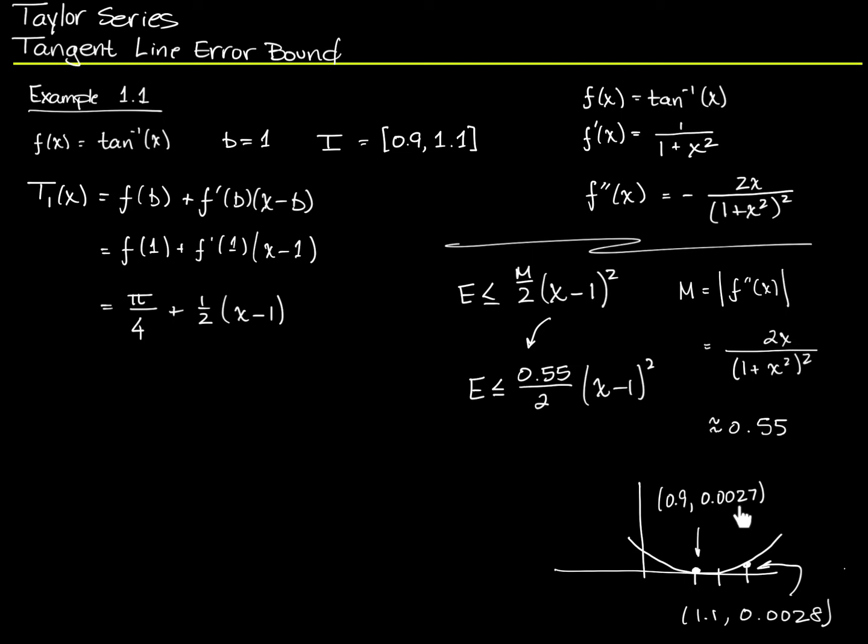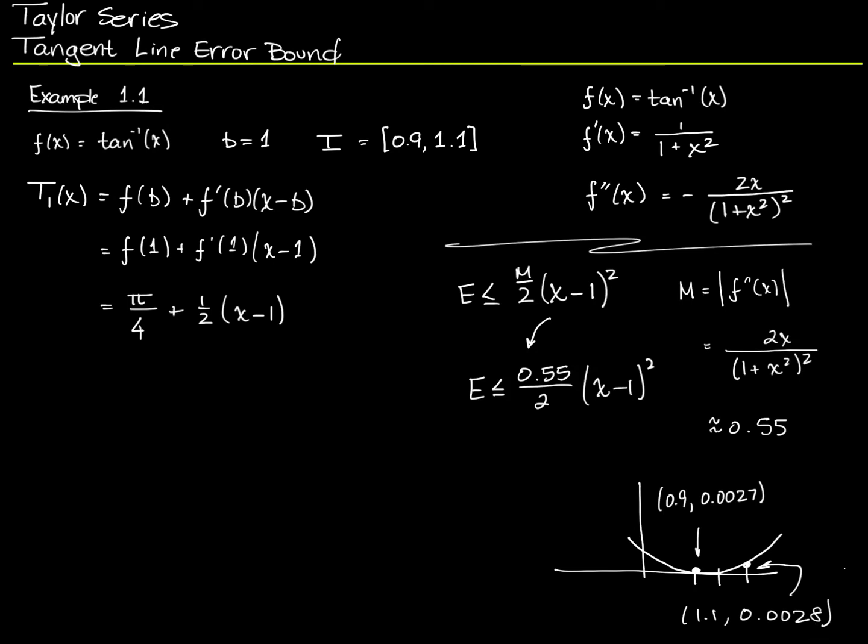If I use 0.0027 for my right-hand side here, then there is a situation in which the error could be bigger than that, and that is on this other side of the interval here at 1.1. The error there is actually larger than 0.0027. So I'm going to use the value 1.1 because it returns the error 0.0028 instead of 0.0027.